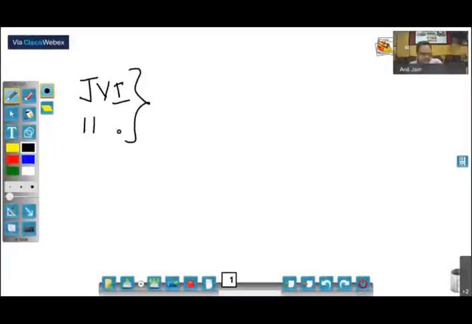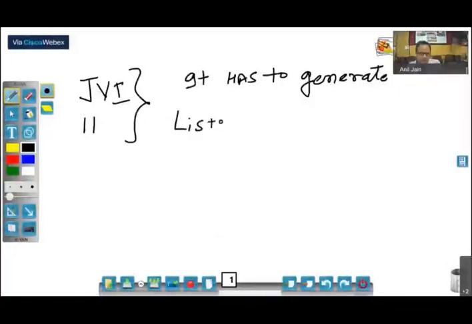This code in the PCR file tells the program that it has to generate a list of integrated intensities.